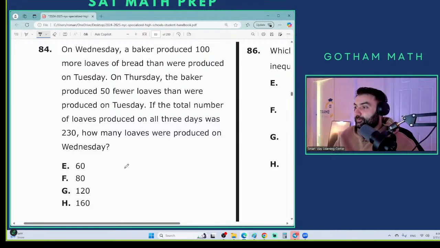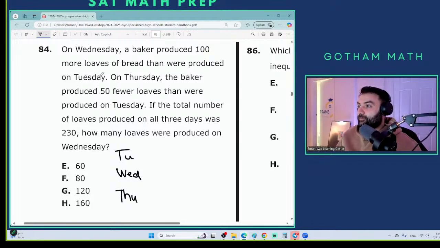In order to be able to solve this question, you need to know the way they are solved. So let's go. It's going to be like this. We have to make a chart. Tuesday, Wednesday, Thursday. And now what they say is that a baker produced 100 more loaves on Wednesday, right?